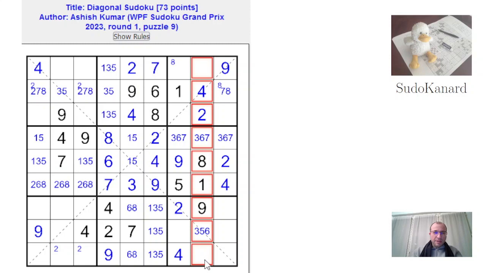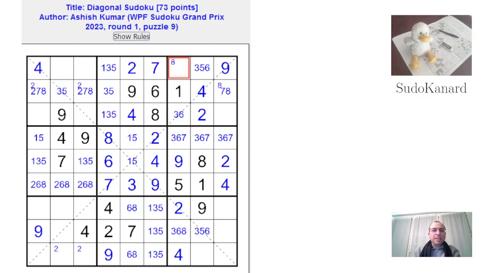This column needs 3, 5, 6, 7. So this is 3, 5, or 6. 5 candidates here. This column needs 3, 6, 7, and 8. 8 is not here, and 7 is not here. So this is 3 or 6.